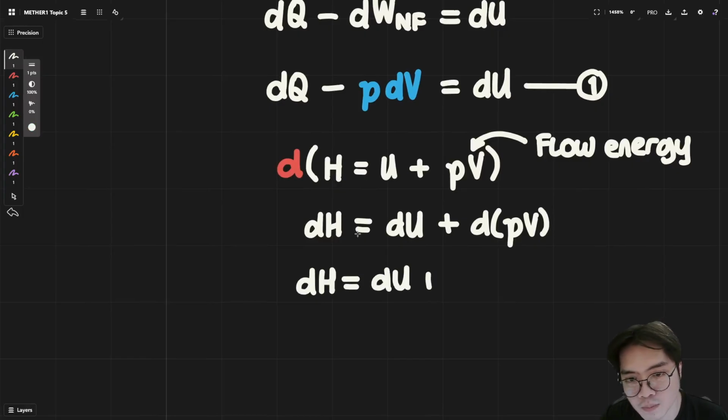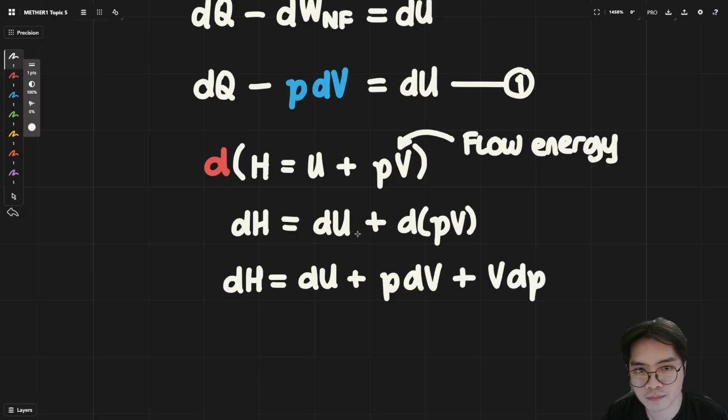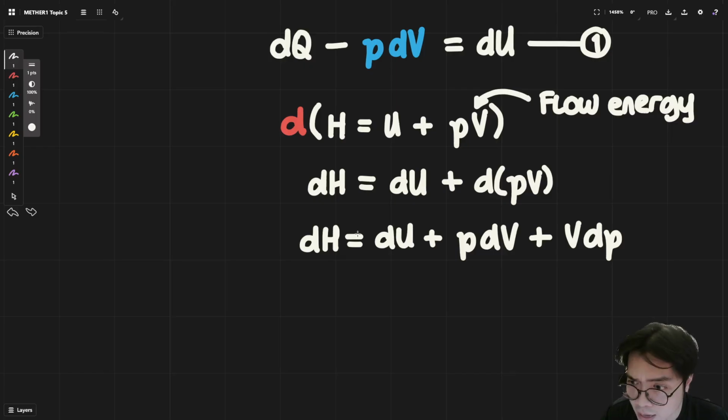dH is equal to du plus, f prime g plus f g prime, PdV and then VdP. Now what? Notice that we can isolate our du. Why would I do that? Because for equation 1, the right-hand side is du, so I might be able to equate the two.